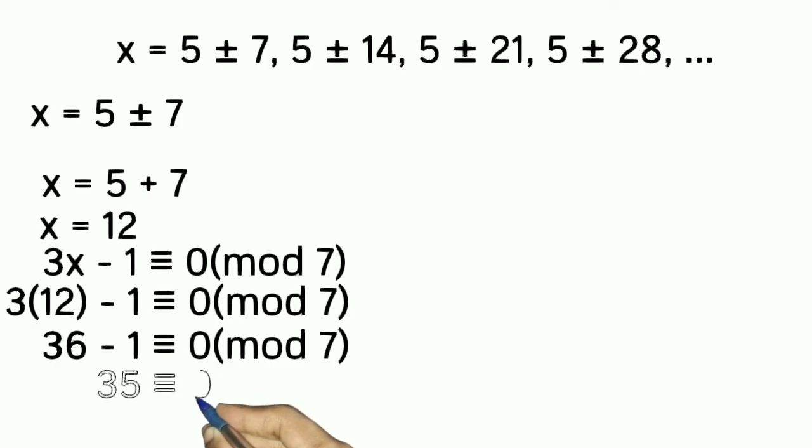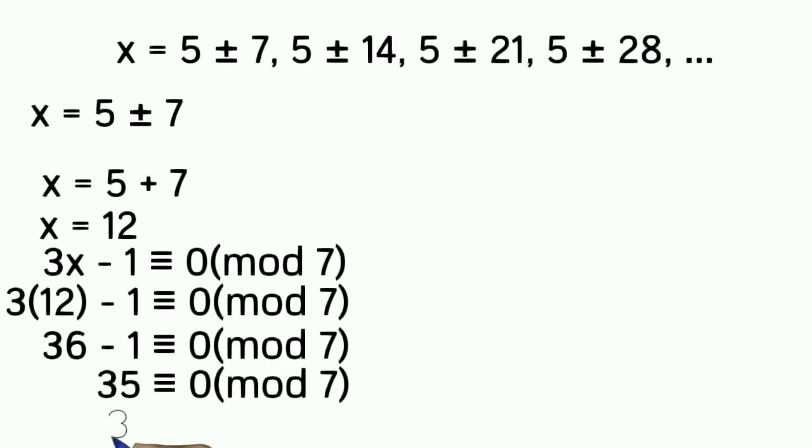So 36 minus 1 is equal to 35. 35 divided by 7 is equal to 5. Therefore, yung 35 is divisible by 7. Therefore, 5 plus 7 is a solution to our problem.